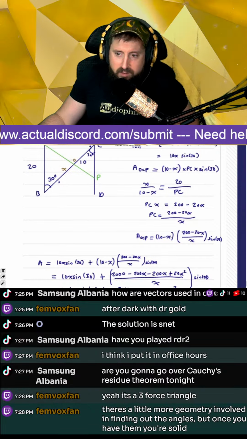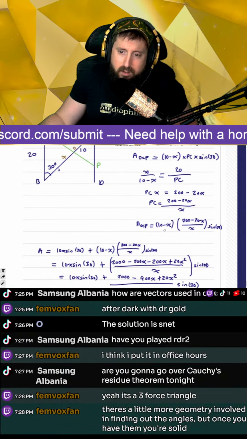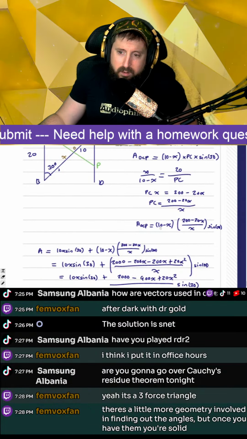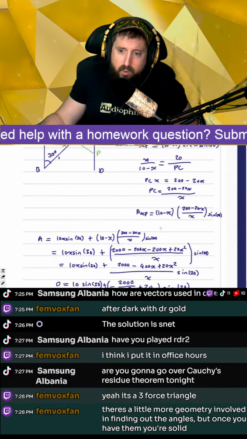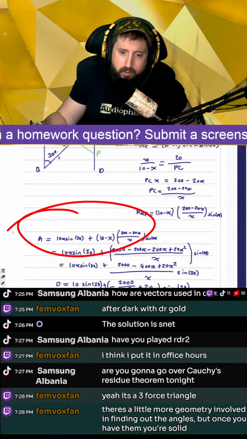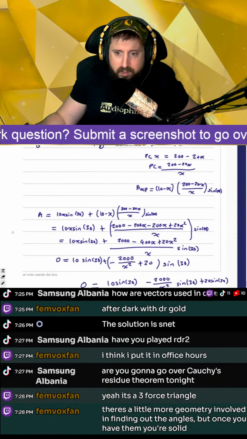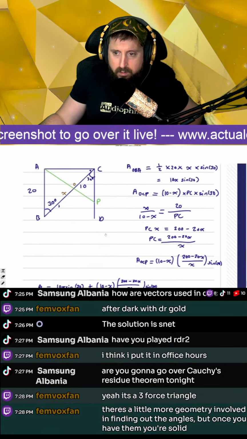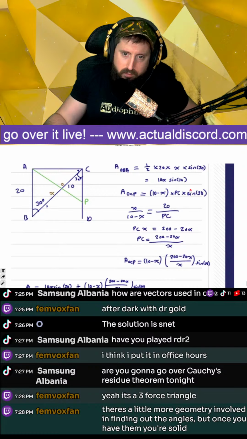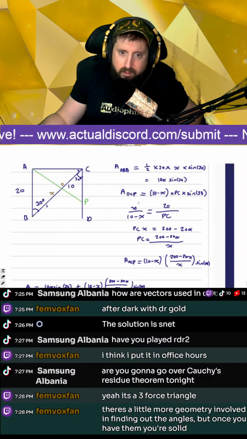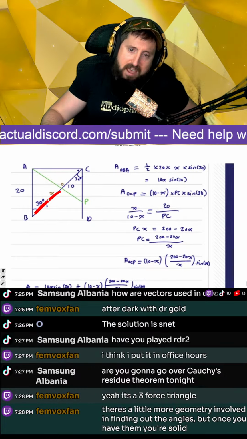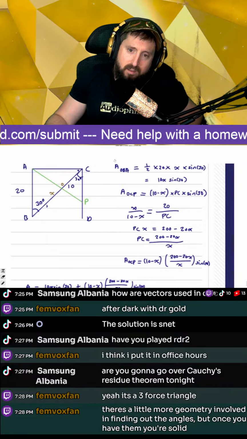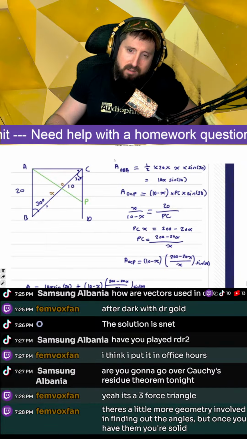Area is equal to 10 minus x, 20 minus 20. Okay. But then what's happening here? Are they taking the derivative and setting it equal to 0? I think I was kind of close with this. Oh, interesting. If this is x, this has to be 10 minus x, I guess.